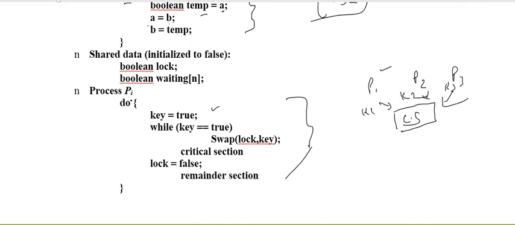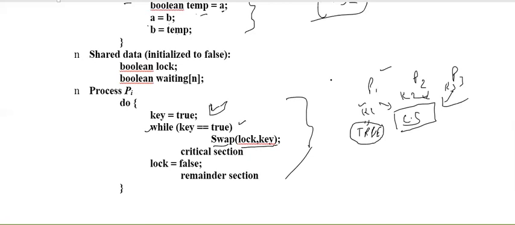Now what will happen: whenever any process wants to enter into the critical section, it will make its key true. This says that I want to enter into the critical section. So every process is going to declare it true. Let's move to the next statement. It says that while key is true, which every process has made, since it is true, it will move into the swap function.